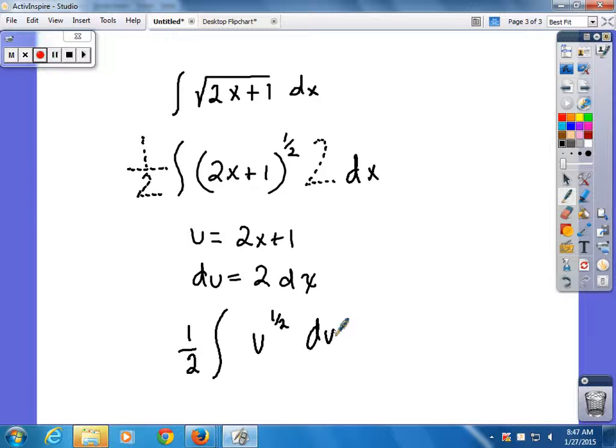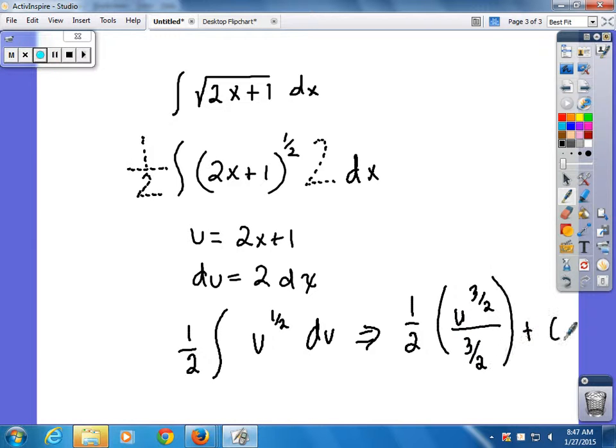And what does that give us? That gives us 1/2 u to the 3/2 over 3/2 plus c. And this 3/2 is going to be 2/3. So that's going to be 1/3.